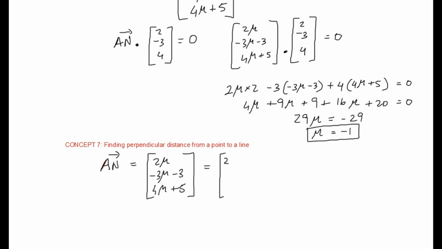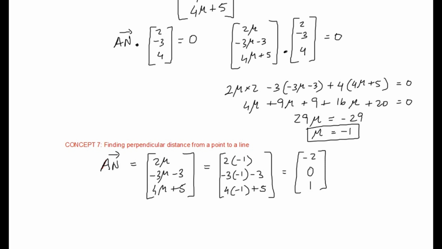So 2 into negative 1 minus 3, 1 into negative 1 minus 3, and 4 into negative 1 plus 5. Simplify that. So we have negative 2. Negative 3 minus 3 is 0. And negative 4 plus 5 is 1. Right, so this is AN.